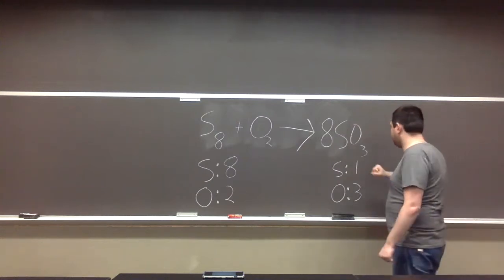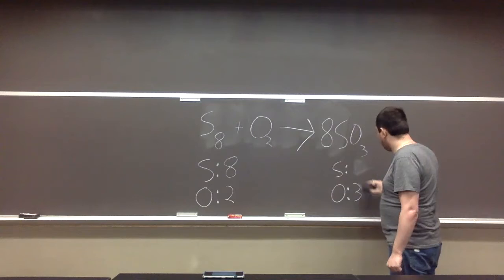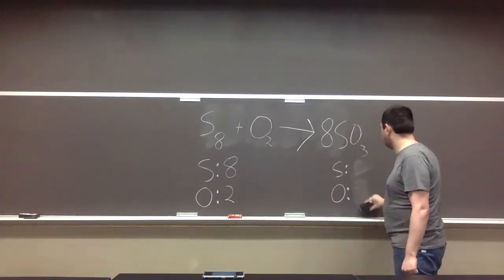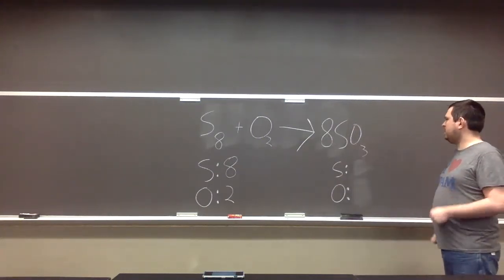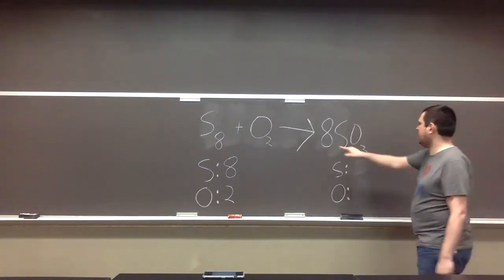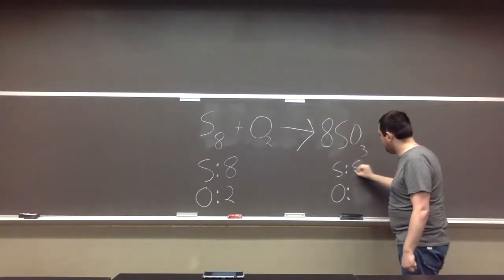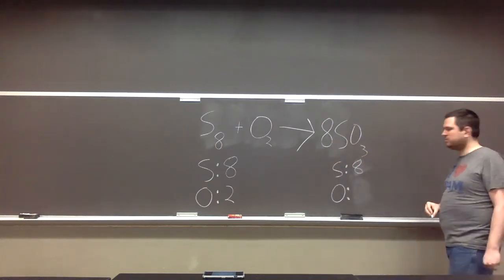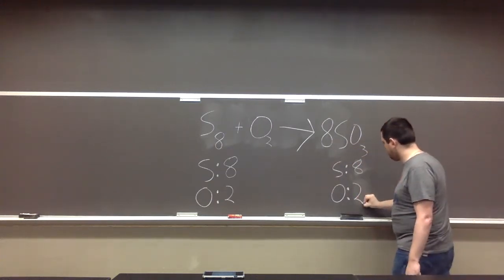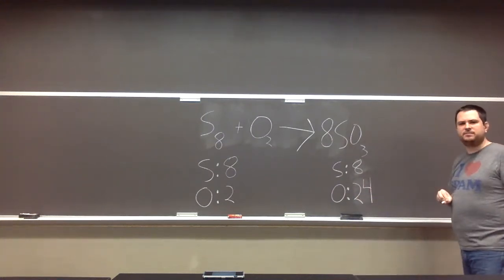As we put that there, we have to change how many atoms are present on the products side. 8 times the imaginary 1 gives us 8. 8 times the 3 oxygen gives us 24 oxygen.